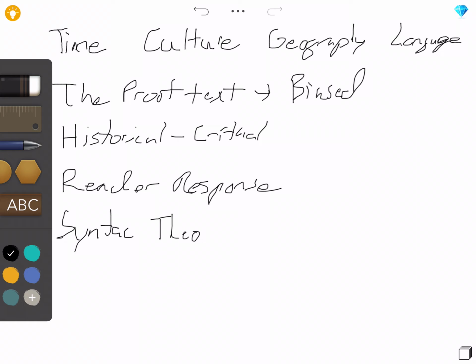The historical critical model seeks to put the text in its historical context, which navigates the time, culture, and geography much of the time.